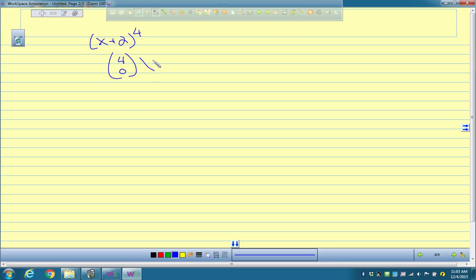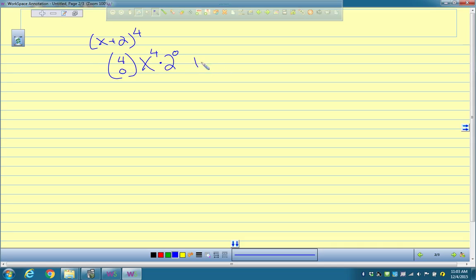You would take x and raise it to the nth power, which is 4. And then you take 2 and raise it to the 0 power. These two exponents always have to add up to this number over here. This number down here agrees with this number up here.